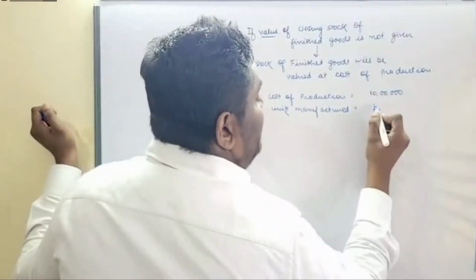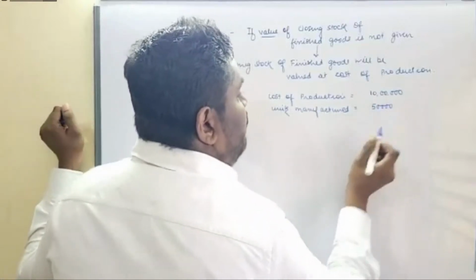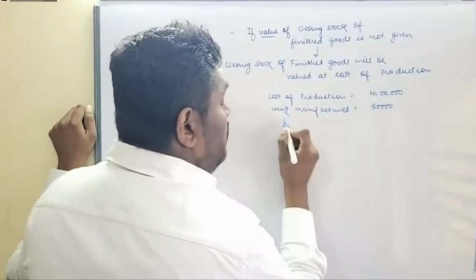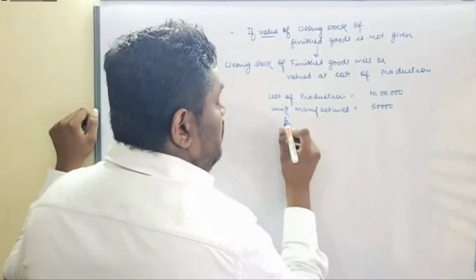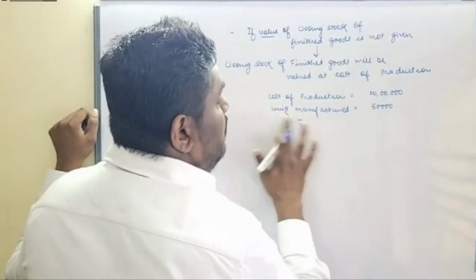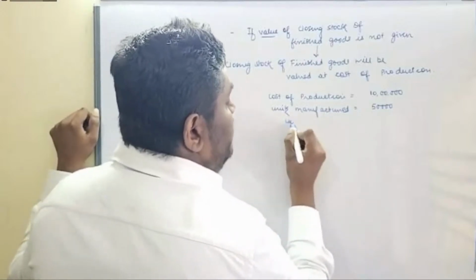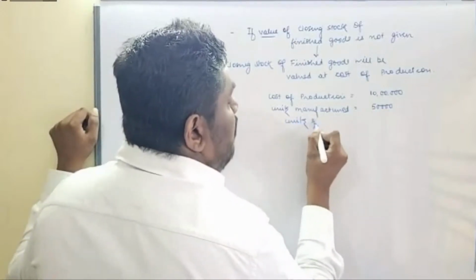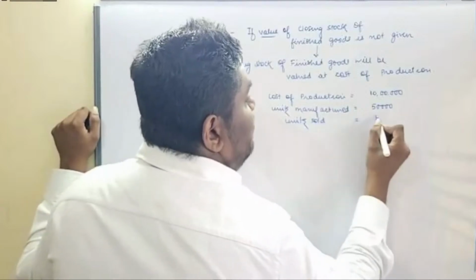Units manufactured are 50,000, and units sold are, let's say, 40,000.